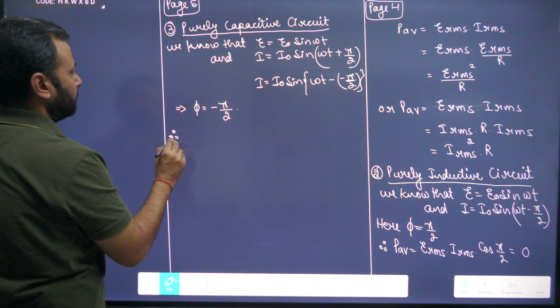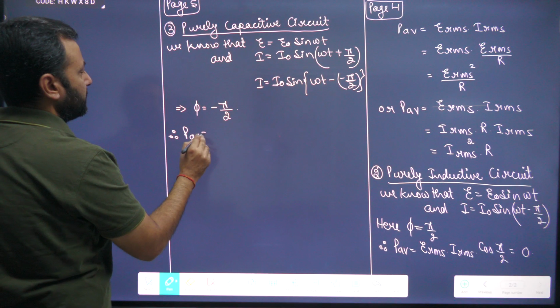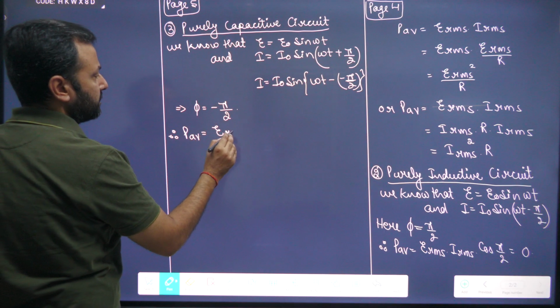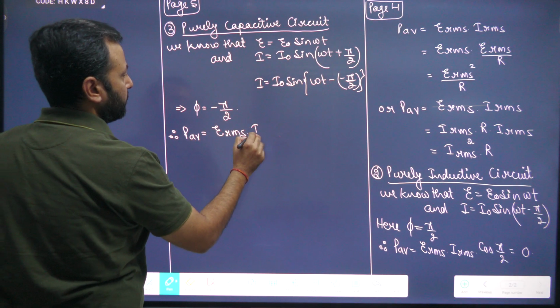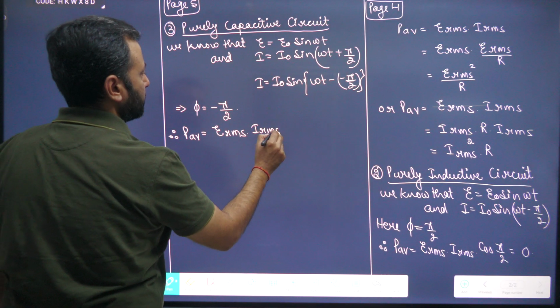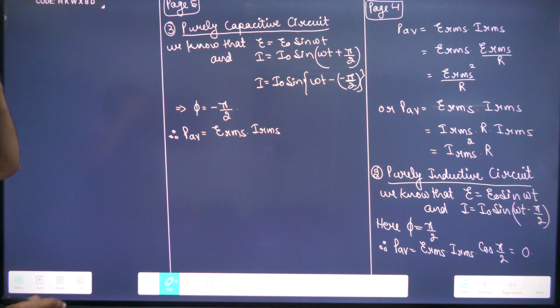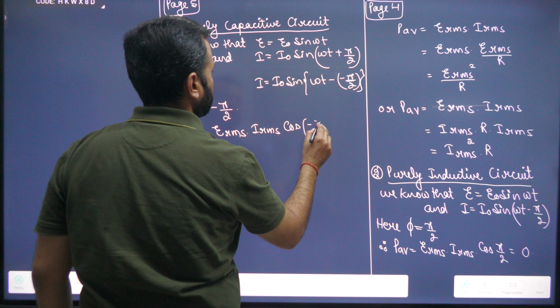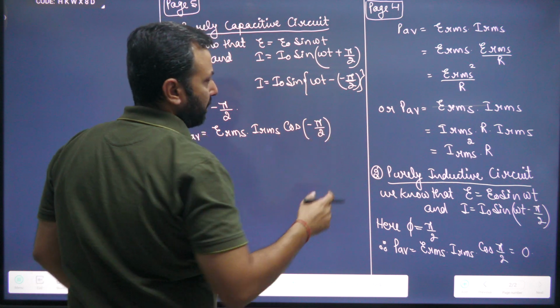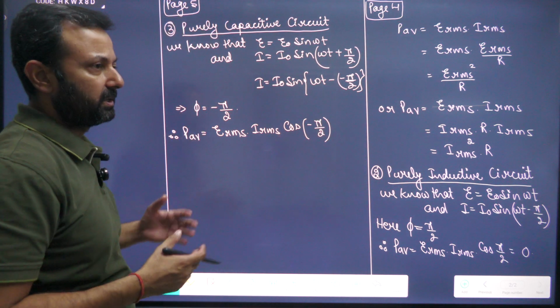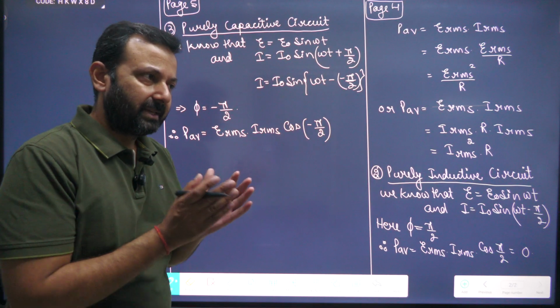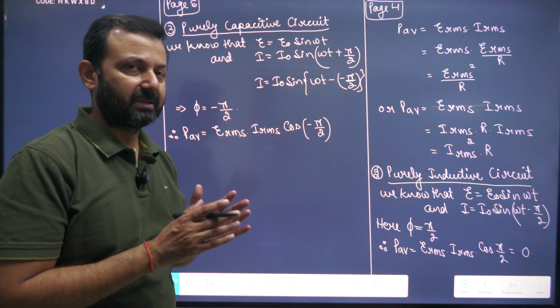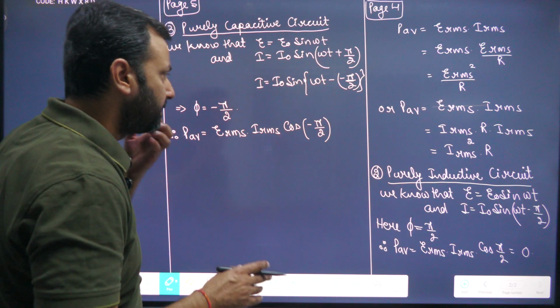Therefore, P average is equal to ERMS into IRMS into cos minus pi by 2. And cos has a special property: cos minus theta is equal to cos theta only.